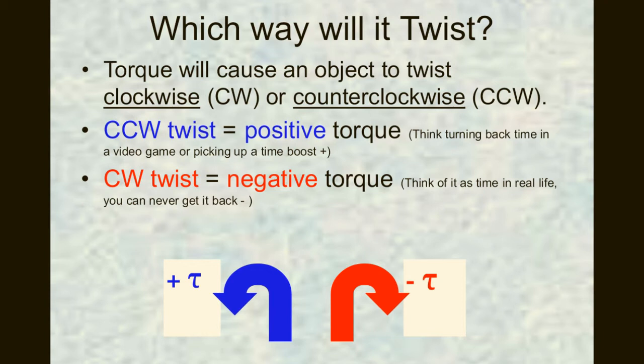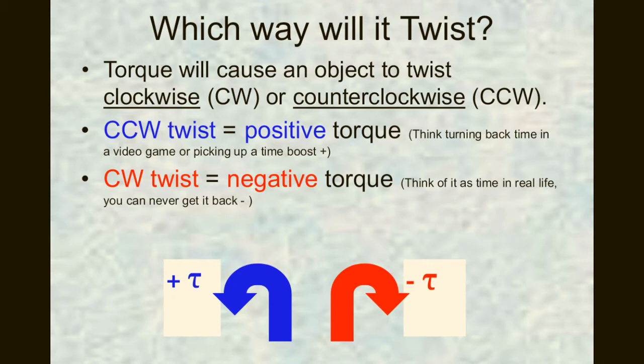So let's look at counterclockwise twist. If you're thinking about the hands on a clock, if it's going counterclockwise, it means going back in time. Well, we know in real life we can't go back in time, right? But think about a video game. If you're turning back time in a video game, or if you're picking up a time boost, it's almost as if you're going back in time.